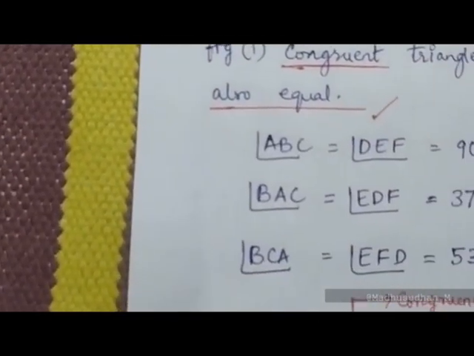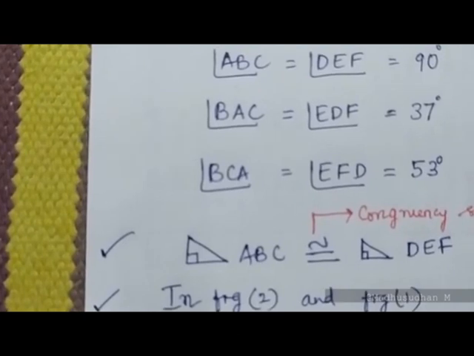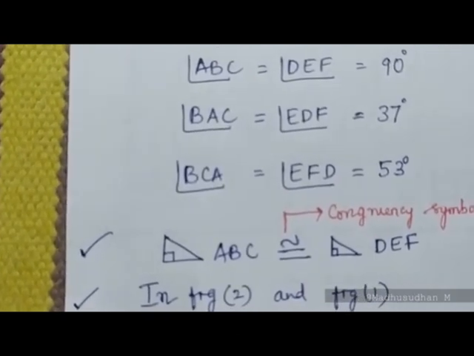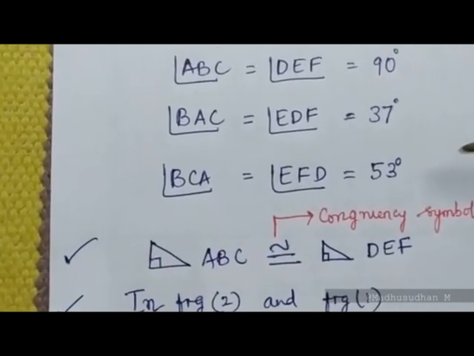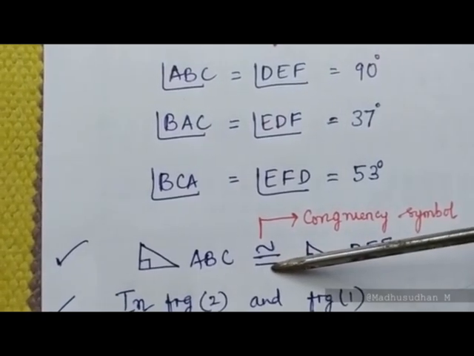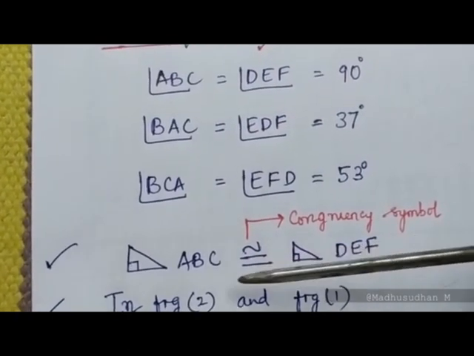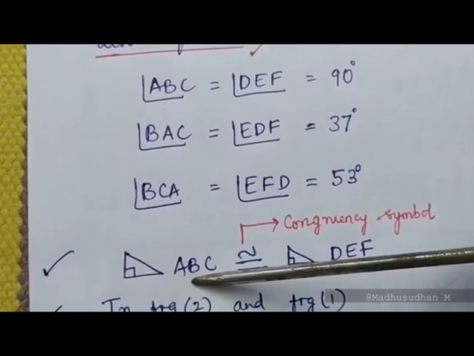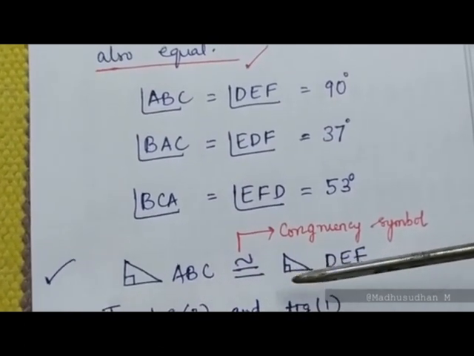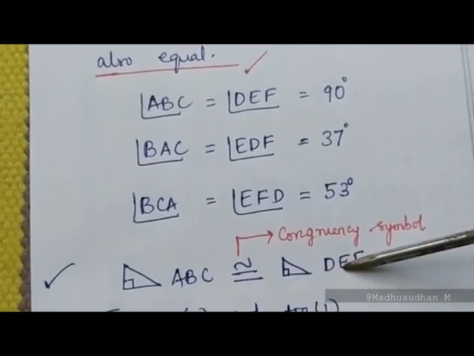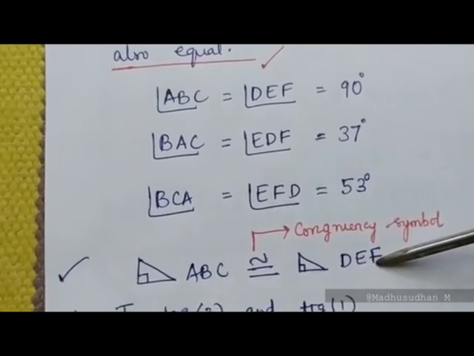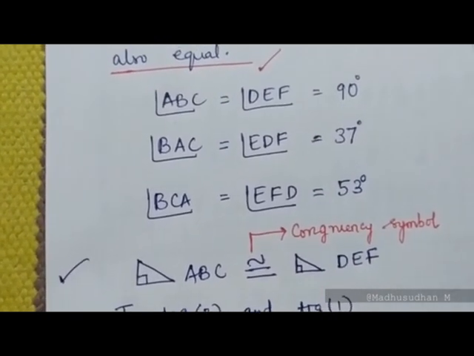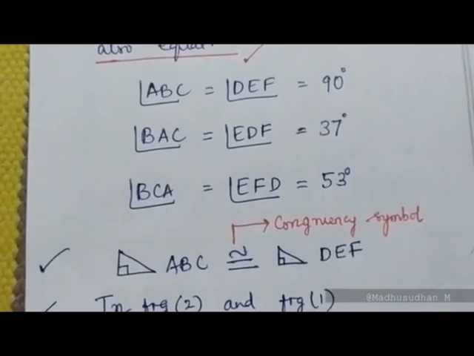One more important thing to be told is that whenever we speak about congruency, this is the symbol we use, the congruency symbol. Right angle triangle ABC is congruent to right angled triangle DEF. Stressingly, a very important point is the order in which we have started the vertices.